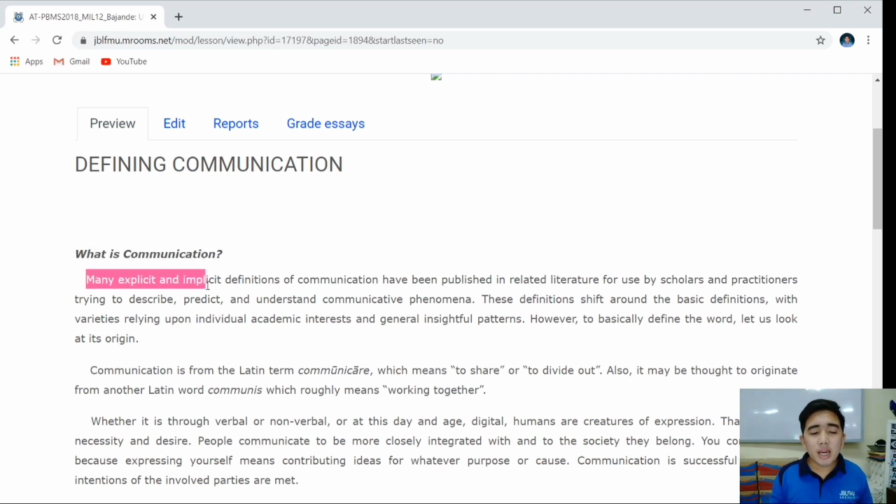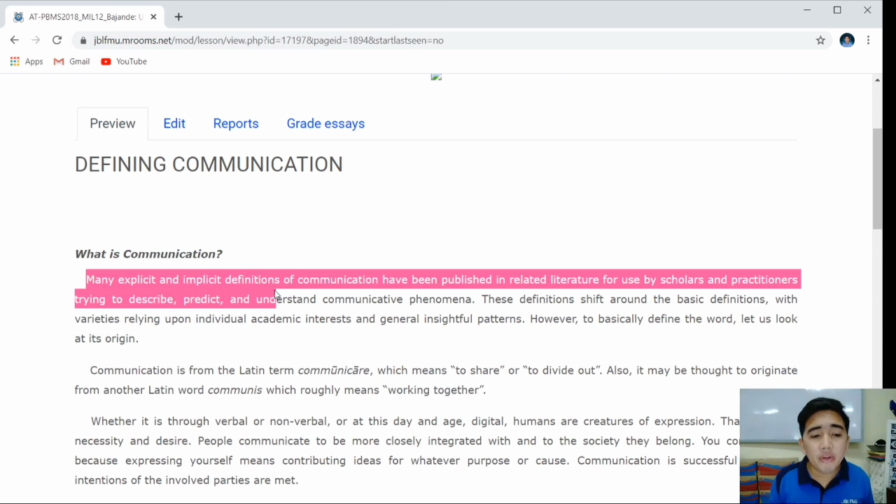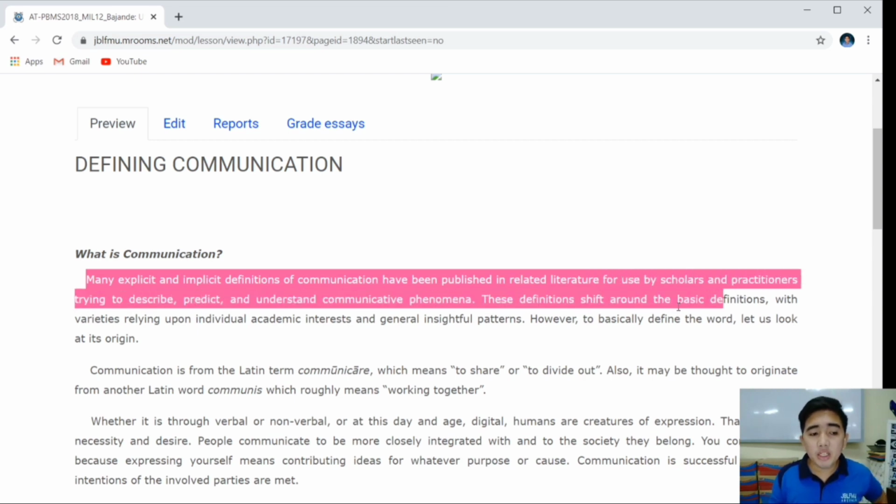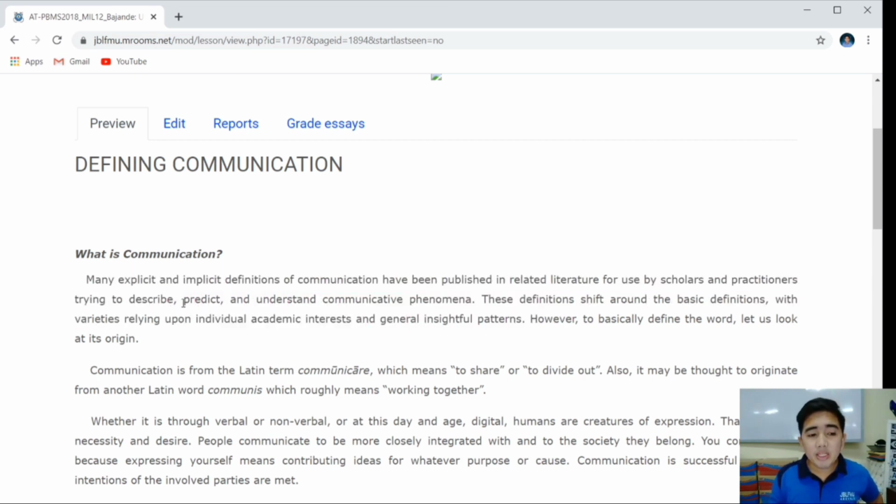Many explicit and implicit definitions of communication have been published in related literature for use by scholars and practitioners trying to describe, predict, and understand communicative phenomena. As you've heard, I'll just explain it. There are a lot of definitions of communication, class.